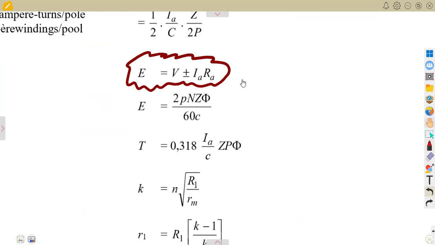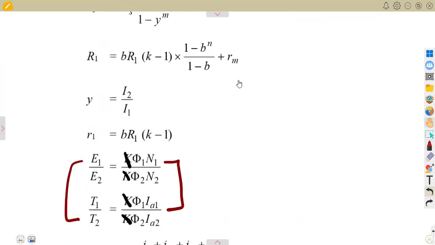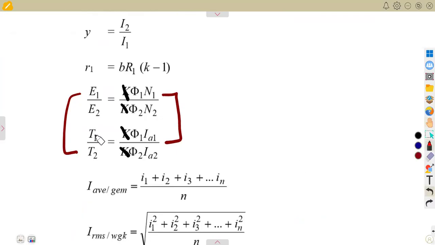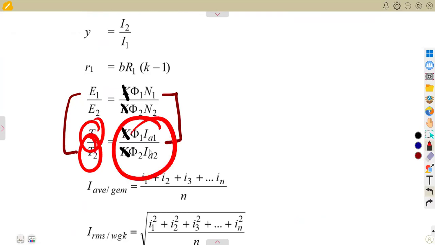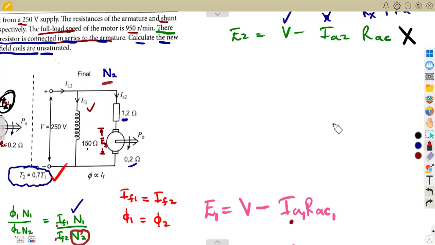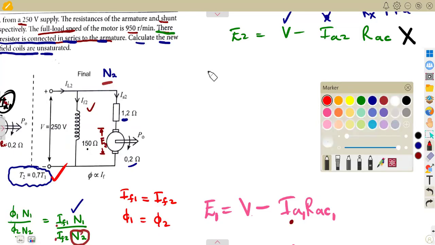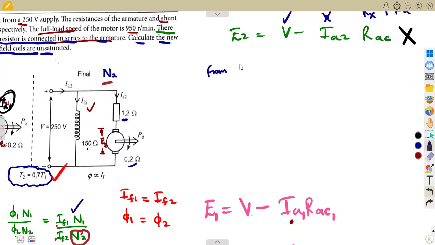We also have a relationship of the torque on our speed control: T1 over T2 is equal to this. There is a relationship that we are given about the torque, so we can take advantage of that. From T, we can calculate this armature current.